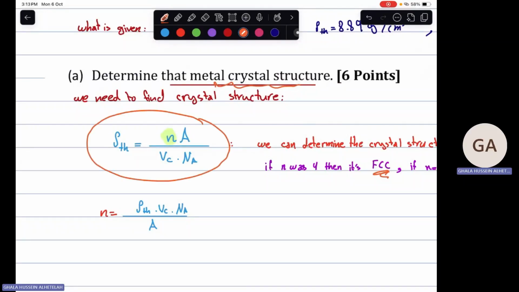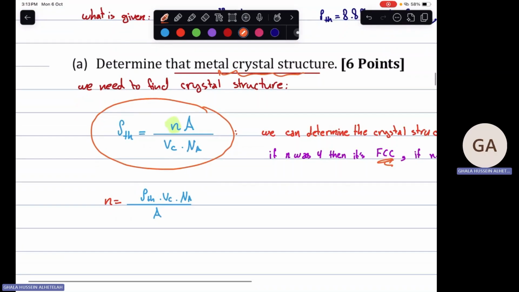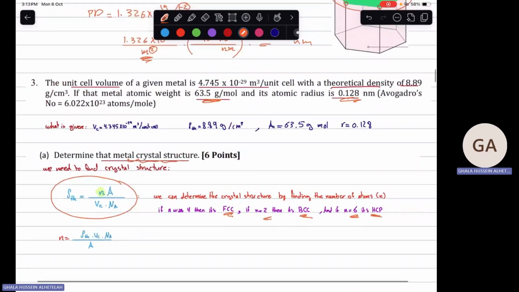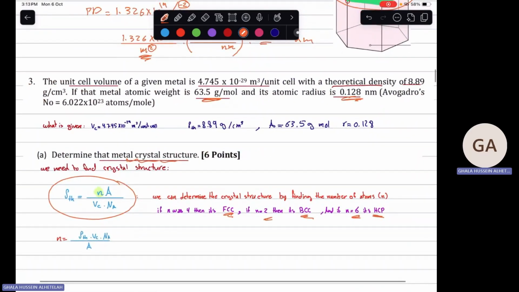We can put the number of atoms on one side and solve based on it. Okay. Do we have the volume? No, we don't have the volume, but we have the radius, which is in nanometers. So basically we have to find the volume.